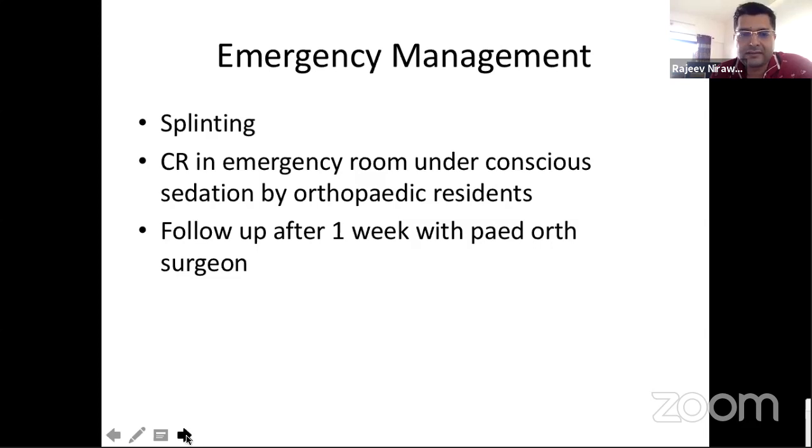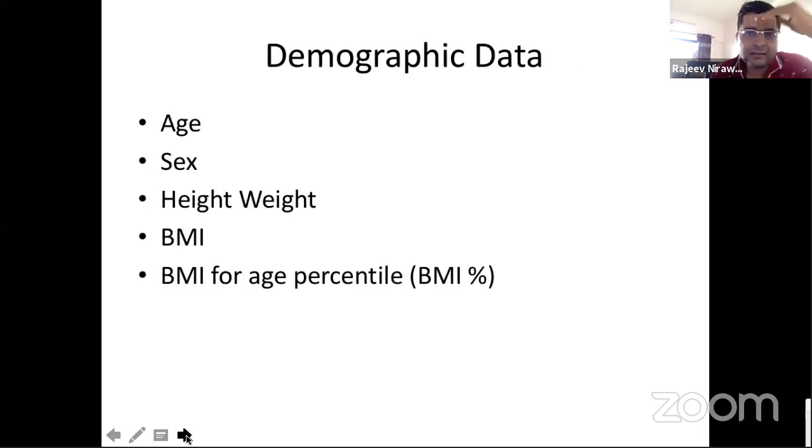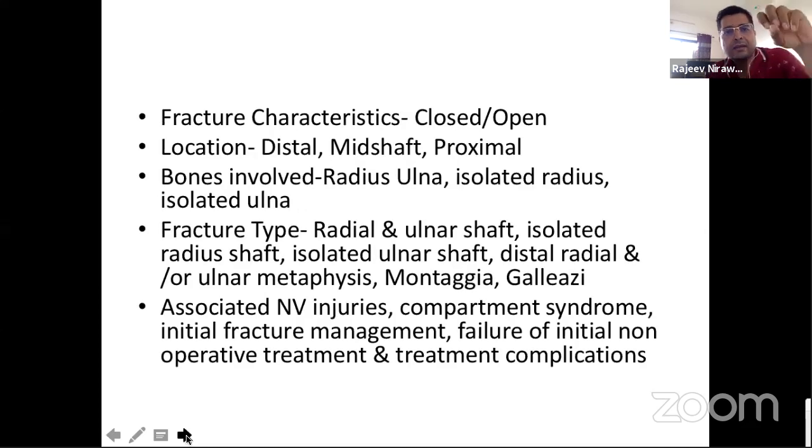pediatric orthopedic surgeons. The demographic data was recorded in terms of age, sex, height, weight, BMI, and BMI for age percentile. They studied the fracture characteristics such as closed or open, the locations, which bones were involved, fracture types, and associated neurovascular injuries, compartment syndromes, initial fracture management, failure of initial non-operative treatment, and treatment complications.